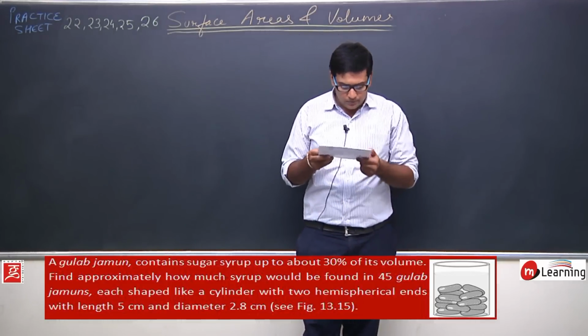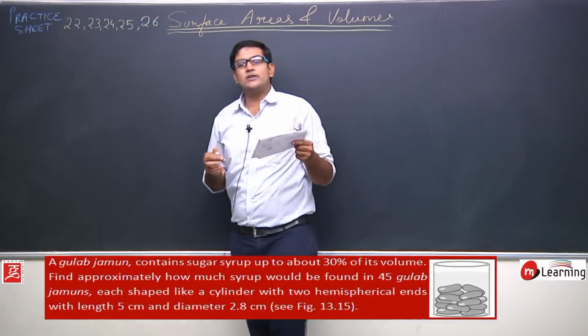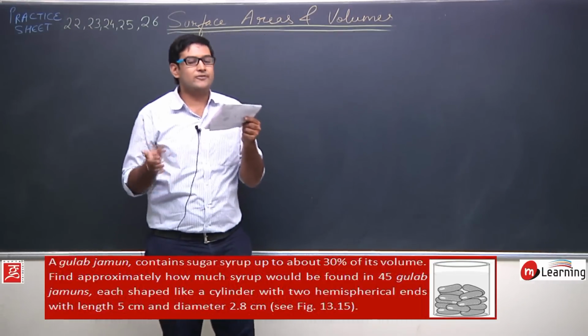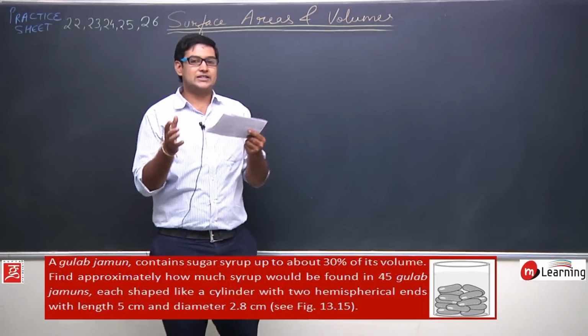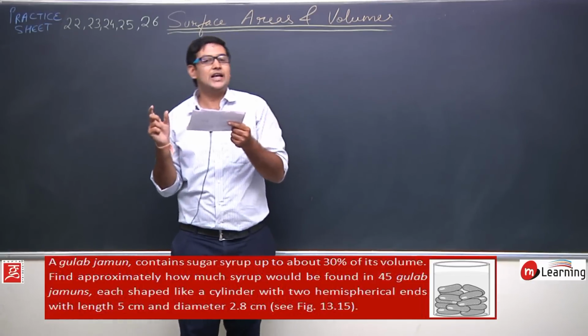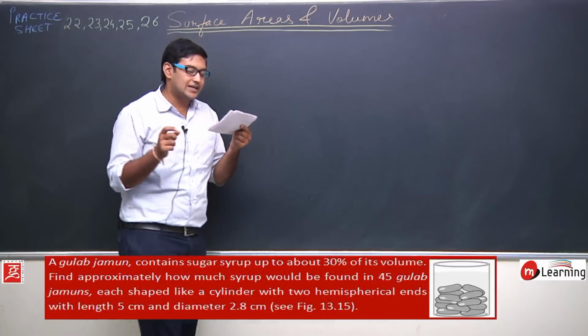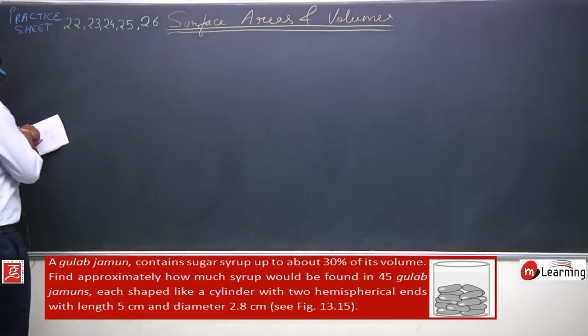So we need to find approximately how much syrup would be found in 45 gulab jamuns, each cylindrical in shape with hemispherical ends, with length 5 centimeter and diameter 2.8 centimeters. So let us first draw the diagram.